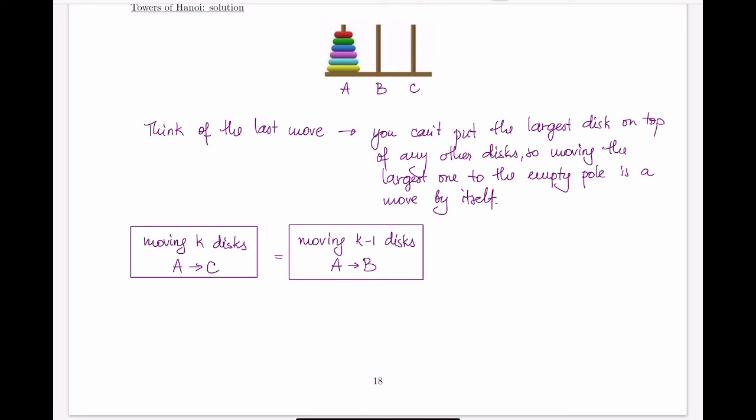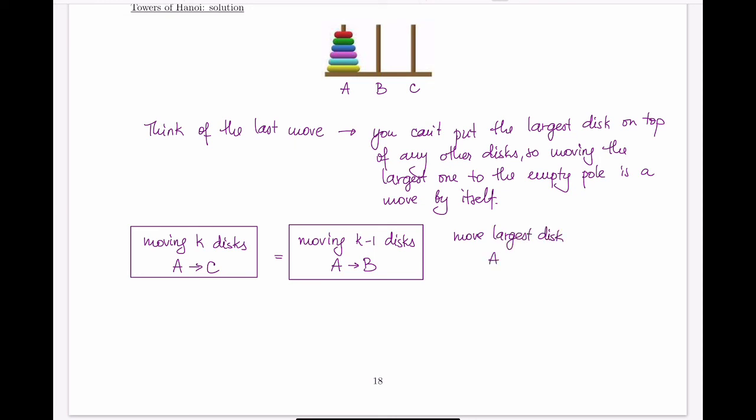After I did that, let's say this entire substructure ends up on this pole here. So they're sitting pretty out here. Then I can move my largest disk over to pole C. Okay, that's my next step. And after I've done that, I'm going to move this entire tower over to be on top of it.